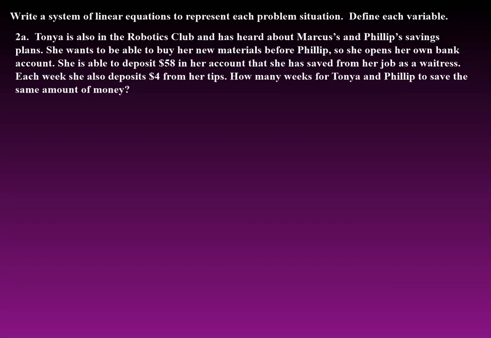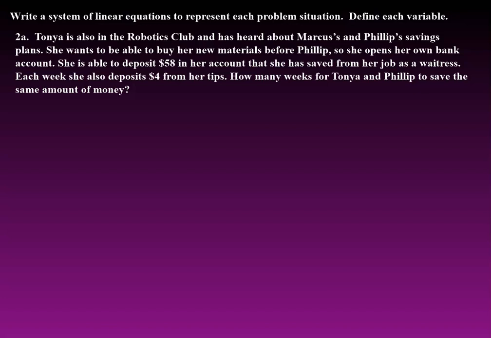She is able to deposit $58 in her account that she has saved from her job as a waitress. Each week, she also deposits $4 from her tips. How many weeks for Tanya and Philip to save the same amount of money?